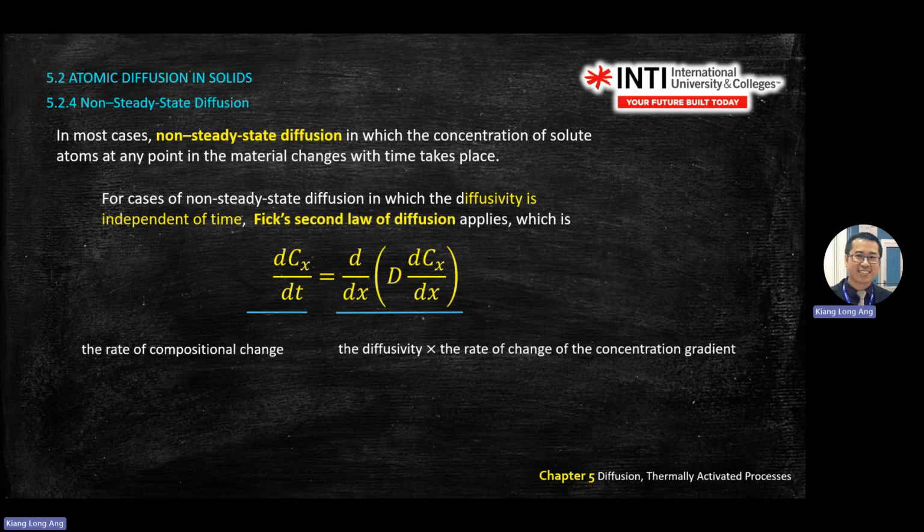On the right-hand side is the diffusion coefficient multiplied by the rate of change of the concentration gradient. This happens in the non-steady state under Fick's second law. Don't confuse the two equations: the previous one is steady state, the second one is non-steady state.